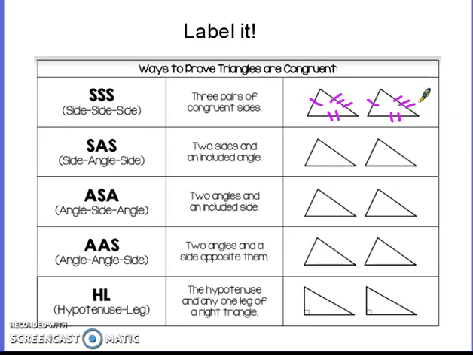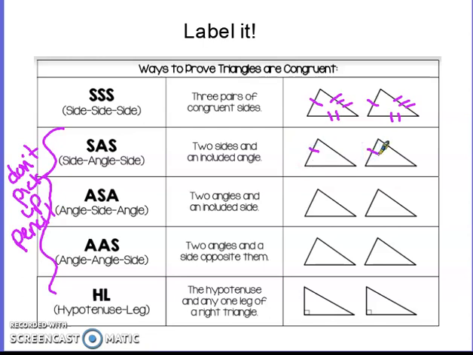Now, side-angle-side. Here's the thing that you need to keep in mind. For these, you don't want to pick up your pencil. You want it to go in order. There are multiple ways we can do side-angle-side, so I'm just going to give you one example. If I start with my side, and I'm given another side over here, I want side-angle-side so that it goes in order and I'm not picking up my pencil.